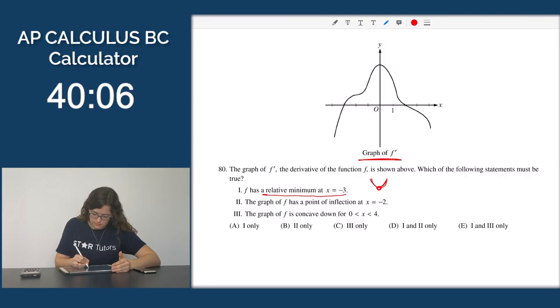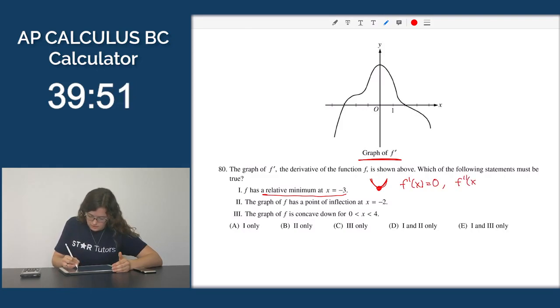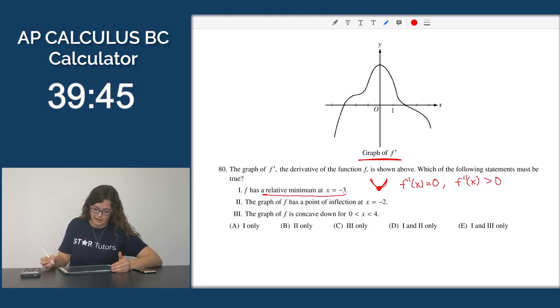So its derivative there would be 0, and it would have to be concave up. So that means I need my derivative, f prime of x, to be 0, and I need the second derivative, which tells me about concavity, to be positive. This is at negative 3. So here I have that my derivative is 0.